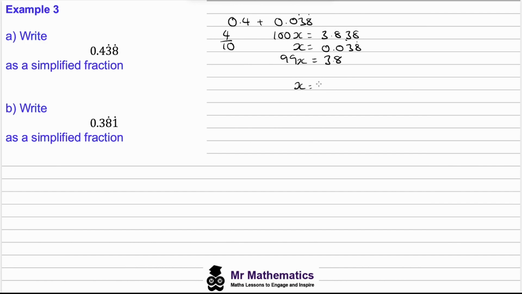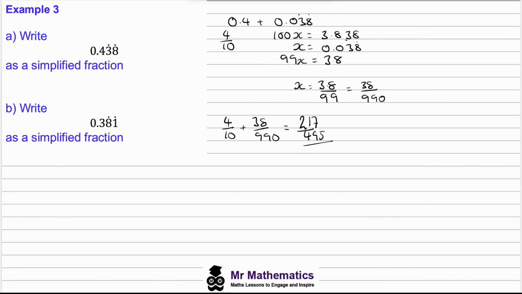So x will be 3.8 divided by 99, or 38 over 990. And when you add this to the 4/10, I'll work this out on my calculator, and I get 217 over 495.